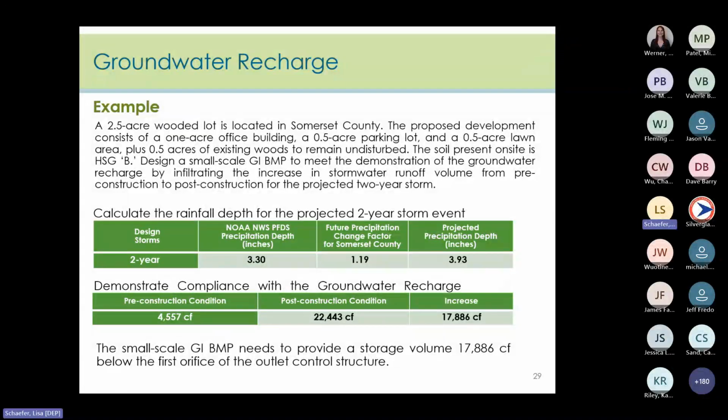So with the precipitation depth of 3.93 inches, the projected 2-year storm will produce an increase in runoff volume for the post-construction condition of 17,886 cubic feet, shown here in the lower table. So to comply with the rule requirement, this is the target the design must achieve, provided it's designed in accordance with the BMP manual. Okay, so we are going to move on.